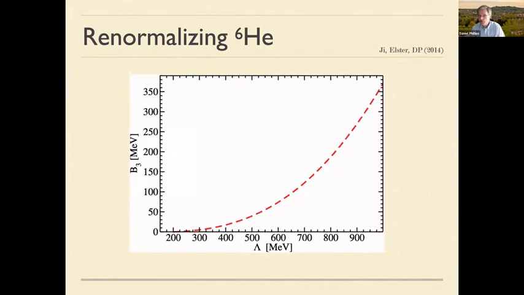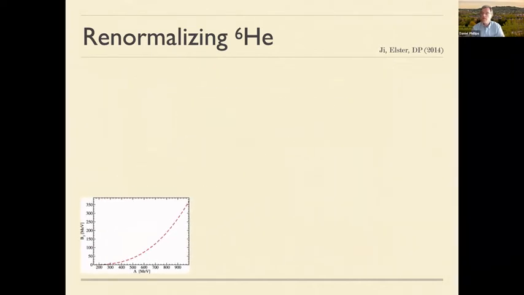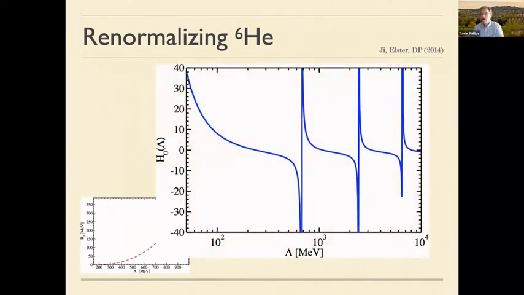So the solution to this, as realized in the S-wave 2 neutron case by Bedaque, Hammer, and van Kolck more than 20 years ago now, is that you need to introduce an alpha-neutron-neutron interaction to stabilize the system, to prevent against what in this case is the P-wave equivalent of Thomas collapse. And so the parameter that tells you the strength of the three-body interaction changes as you change the cutoff.